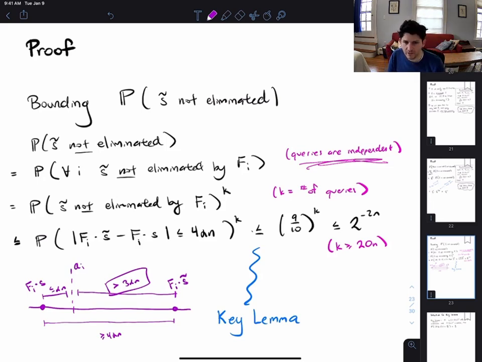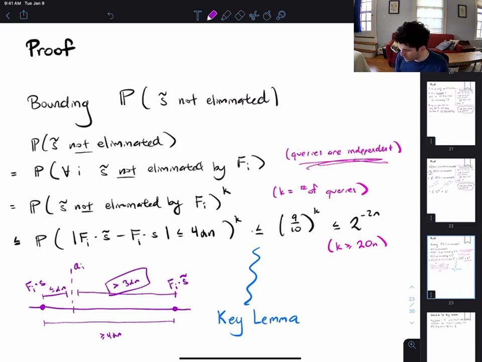Remember, the definition of eliminated says that fi.S tilde is far from ai, but since ai is close to fi.S, the thing that I wrote in the probability also implies that S tilde will be eliminated. Sorry, that was a bit of a mouthful, but hopefully the picture makes it clear.